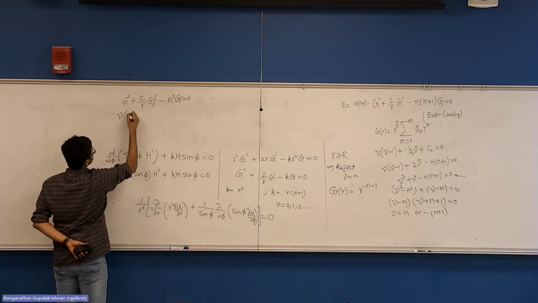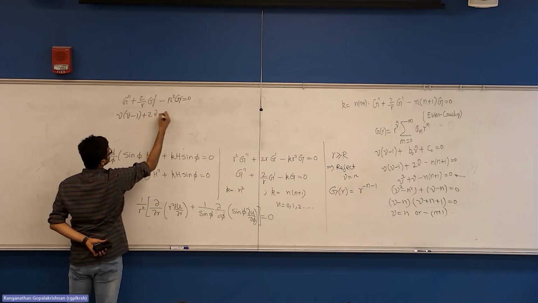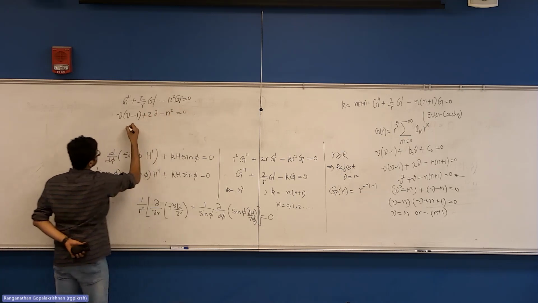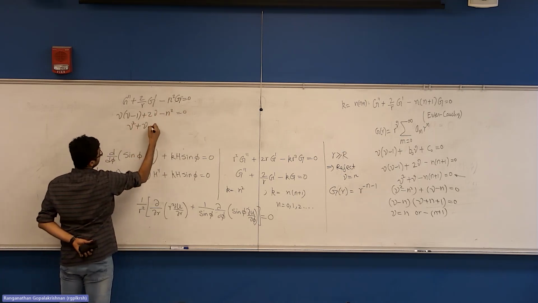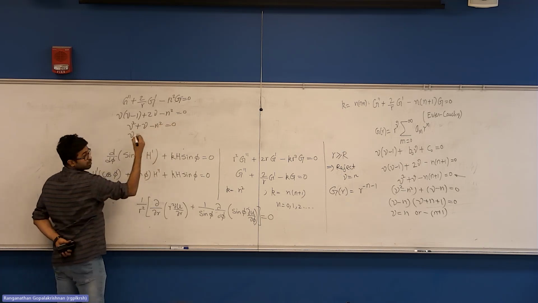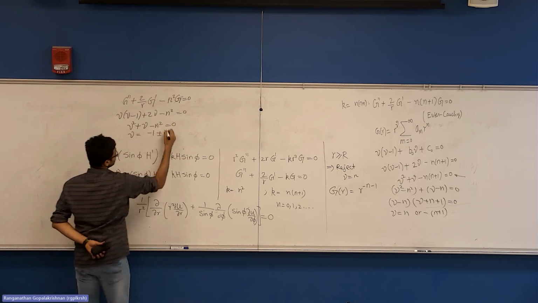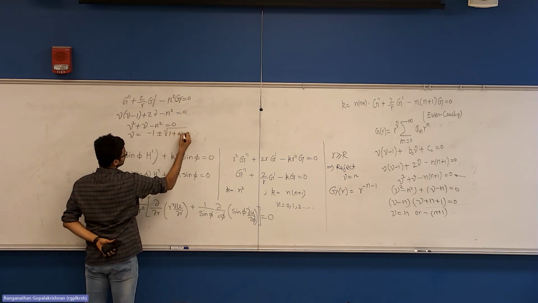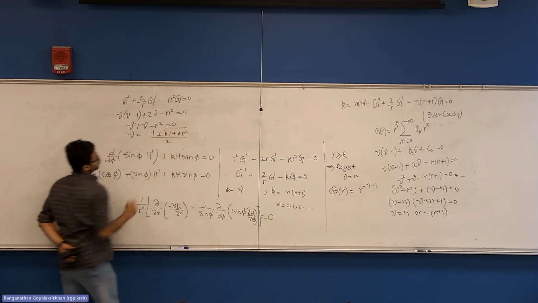So this is nu times nu minus 1 plus 2 nu minus n squared equal to 0, or nu squared plus nu minus n squared equal to 0. Nu equals minus 1 plus minus square root of 1 plus 4n squared divided by 2.